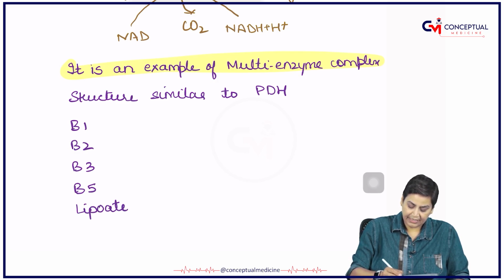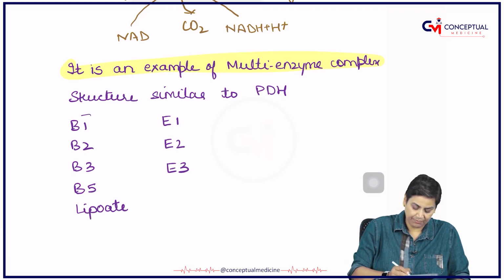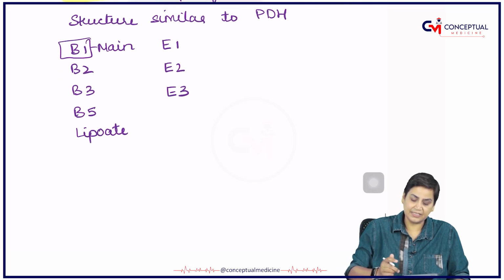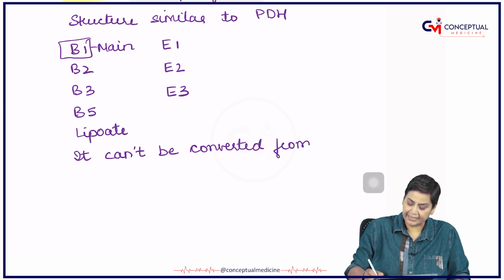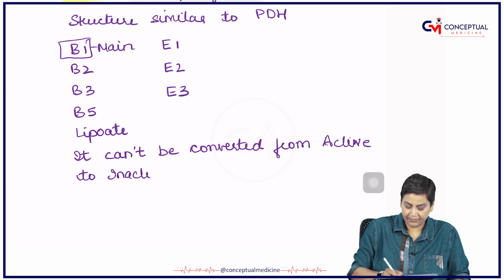And along with this, it has 3 enzymes, E1, E2 and E3. But the only difference, and B1 is the main one, is it cannot be converted from active to inactive or vice versa.